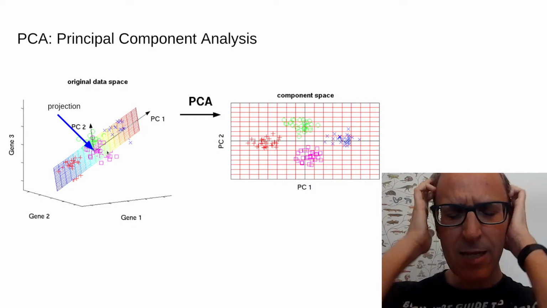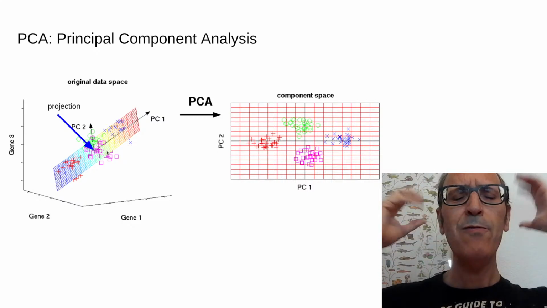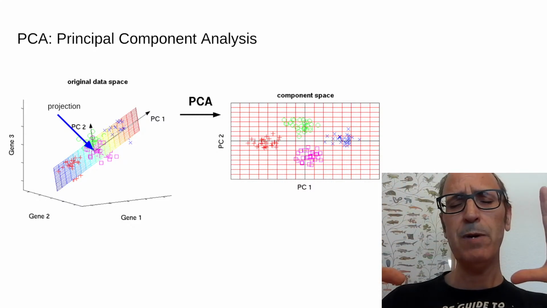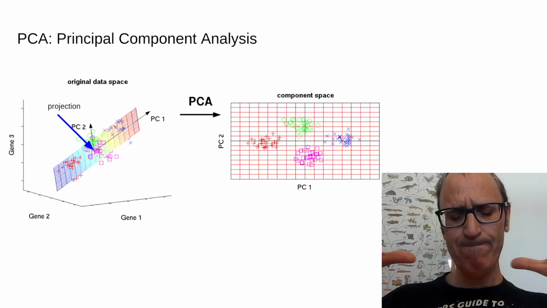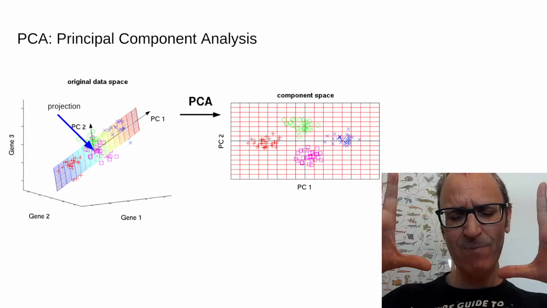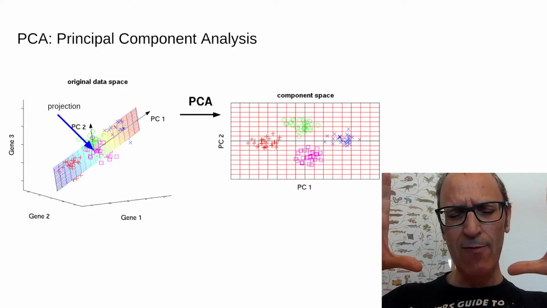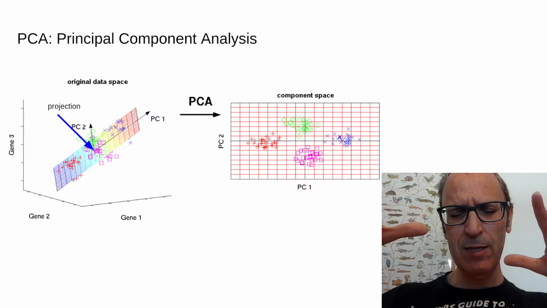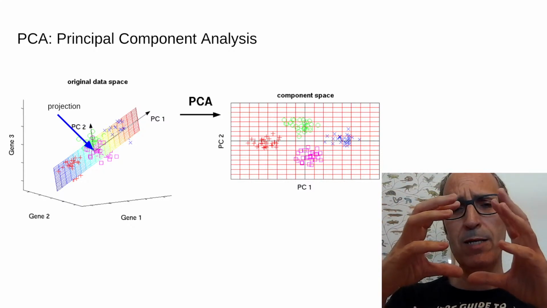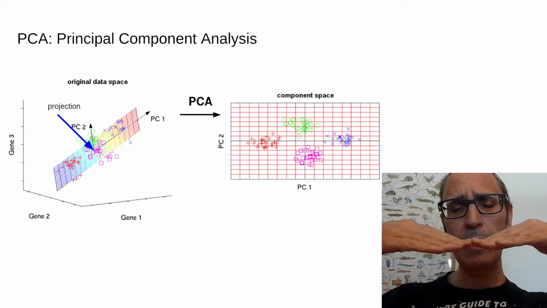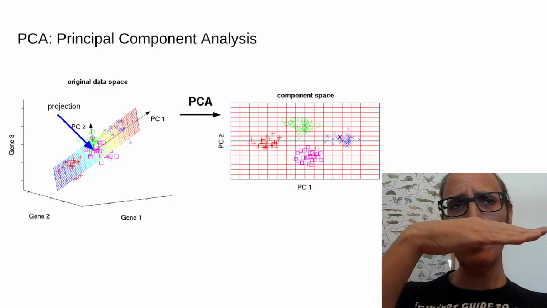Imagine that you have this three-dimensional space, and you have your dots in the space, but these dots are not forming a ball, they are forming a structure more like a dish.